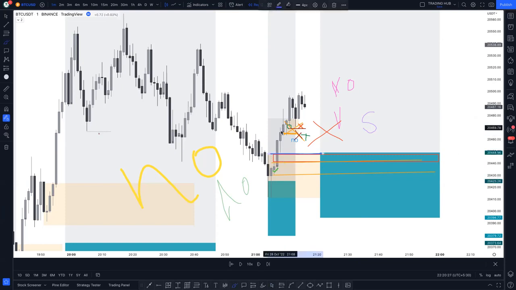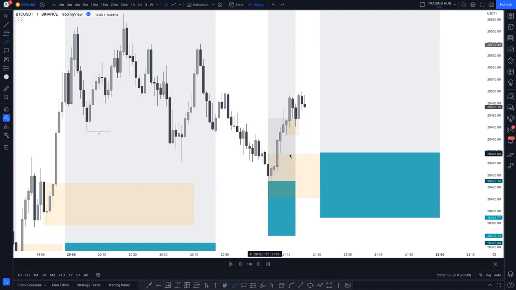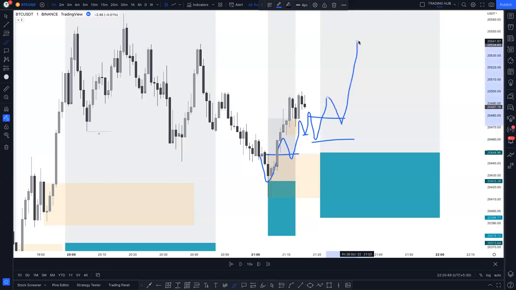So this will act like a pullback and go higher. So this is not a valid buy. If this order block is mitigated, something like this, and then goes higher and sweeps the liquidity, then this type of situation, this order block, this candle, is more valid for the buy, correct?